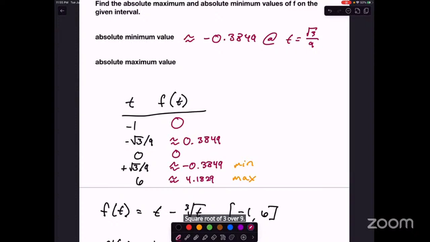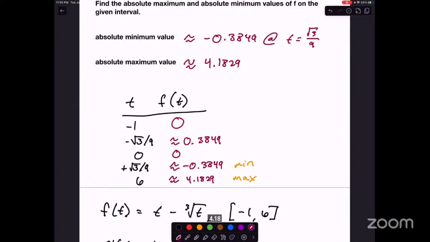And then we get a maximum value, 4.1829 at t equals 6.